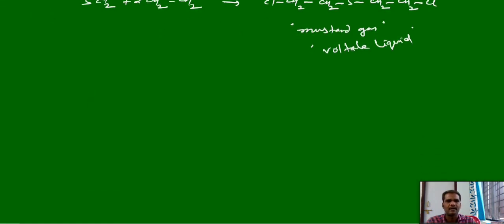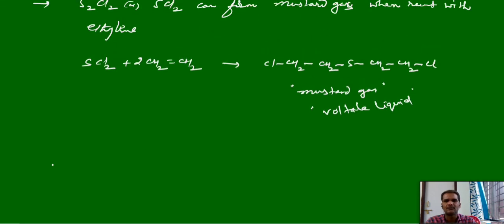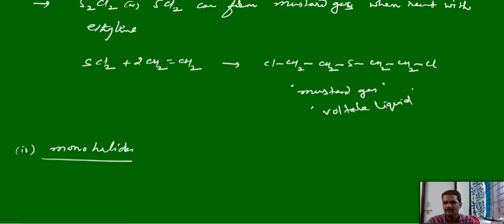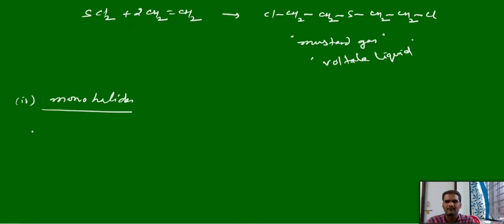Next, monohalides. We can go with dimeric monohalides. Last one. Mostly the monohalides are in dimeric nature only.